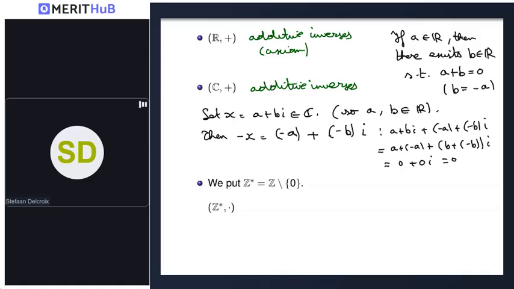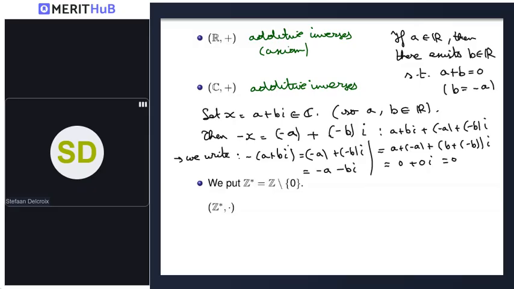And so that's why we write, what is the opposite of a plus bi? It's the opposite of a plus the opposite of b times i, and that's way too many plus minus, so we just write minus a minus bi.